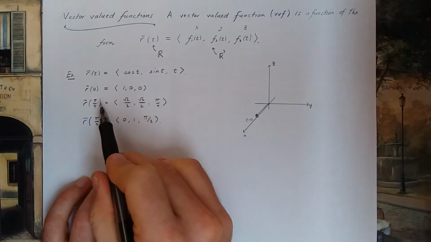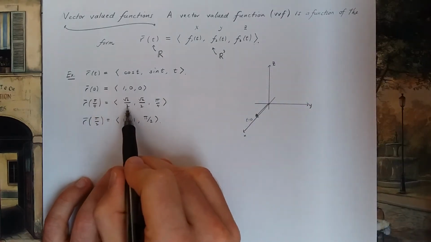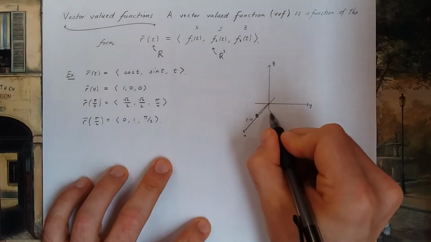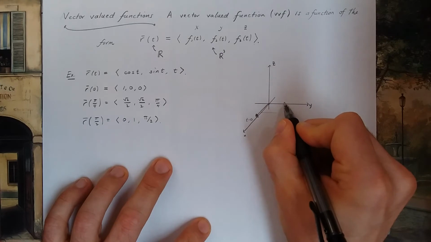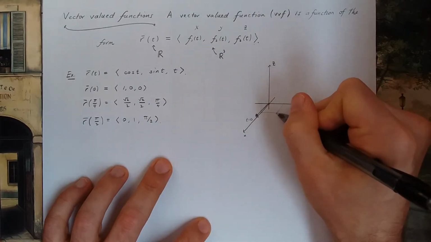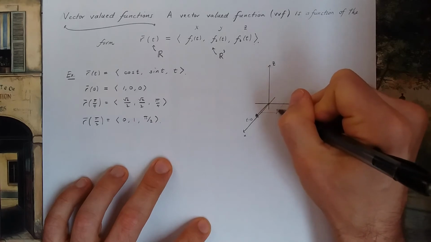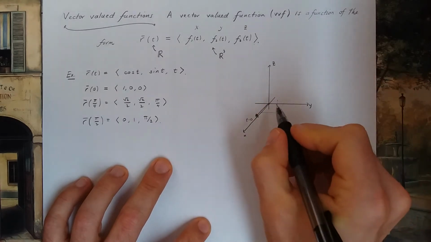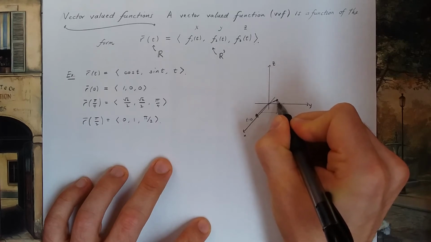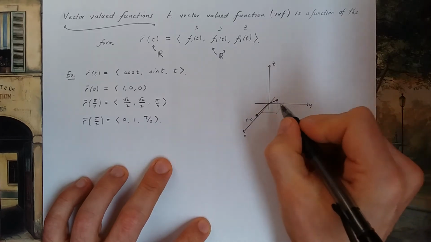Then when t is pi over 4, I'm at this vector, which would be some amount in the x direction, the same amount in the y direction, and then up pi over 4, which is about 1, or a little less than 1, really. So this is here my vector pointing to this point in R3.